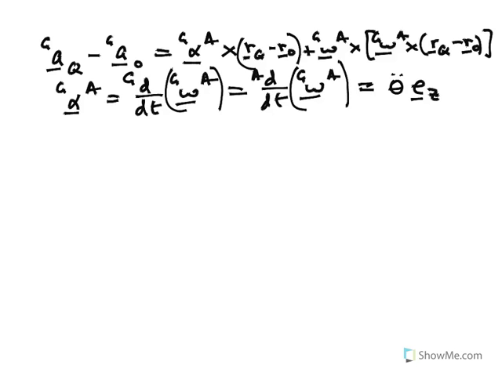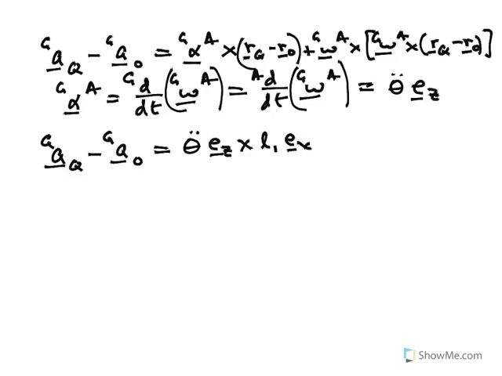Now we have all the information from which we can compute this relative acceleration. The acceleration of Q in G minus the acceleration of O in G is equal to theta double dot Ez crossed with the position of Q relative to O. But that's equal to L1 times Ex.